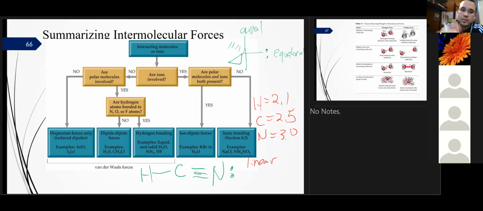It should be going from the hydrogen to the carbon because our carbon is more electronegative, right? Its electronegativity value is higher. It's 2.5 compared to the 2.1, right? So we should be going to the right. On the other side, between carbon and nitrogen, which direction is that arrow going?